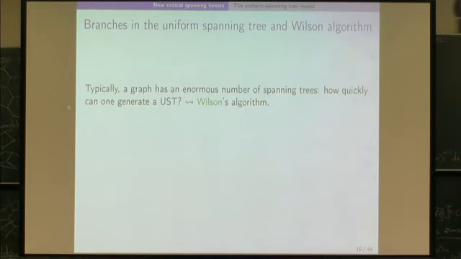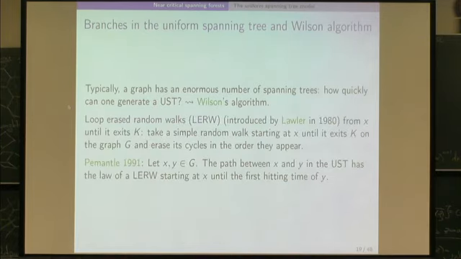So typically, how do you sample a uniform spanning tree? The most important tool is the Wilson algorithm, and it uses loop-erased random walks, which were introduced by Lawler in '80. A loop-erased random walk is simply: you take a simple random walk, starting at some point until it exits some domain, and you erase all its loops so that you indeed have a simple path.